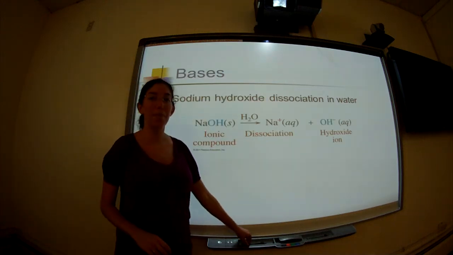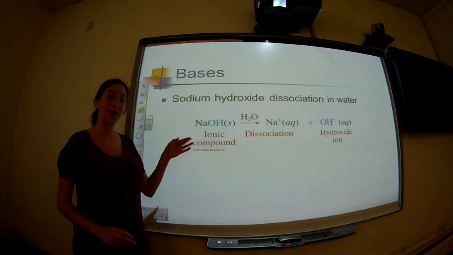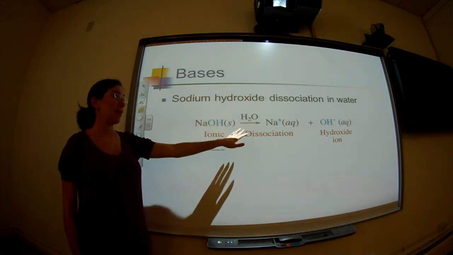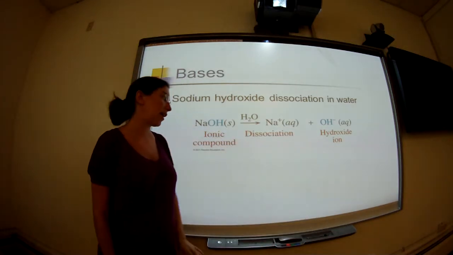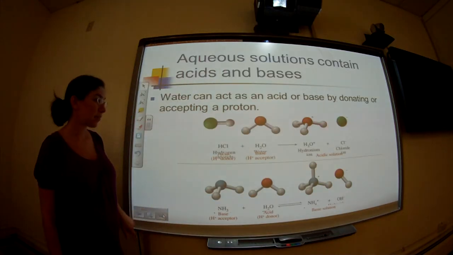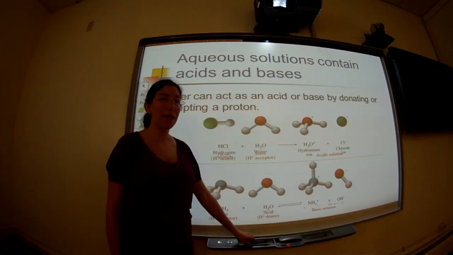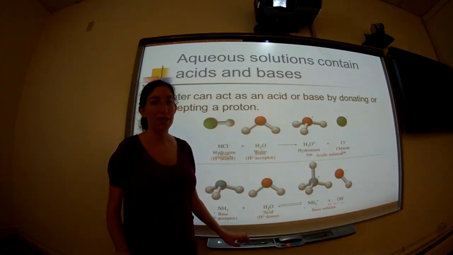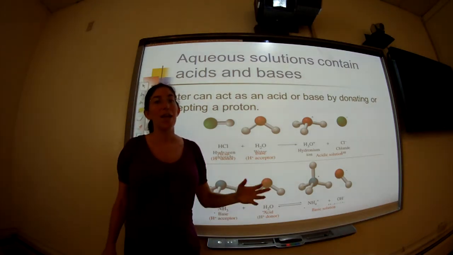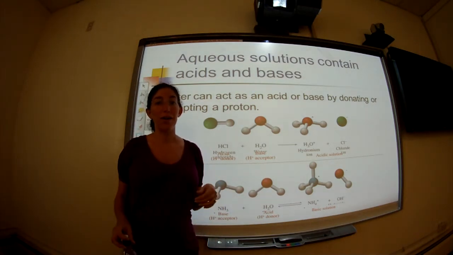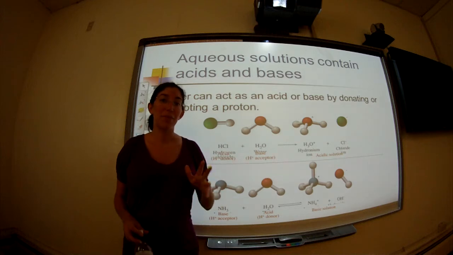So an example of a base here is sodium hydroxide, which when mixed in water dissociates into sodium ion and hydroxide ion. Okay? So when you are doing acid-base chemistry in an aqueous solution, there's always both an acid and a base, because water actually has acidic and basic properties.